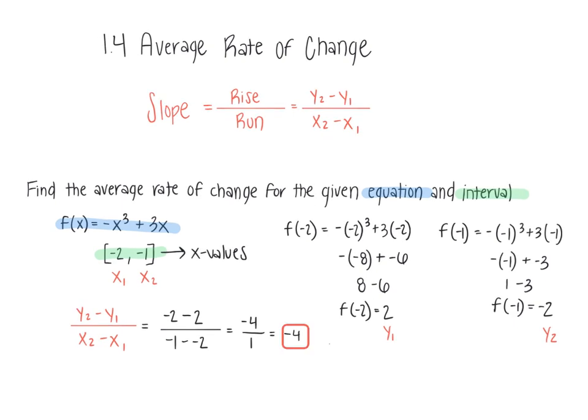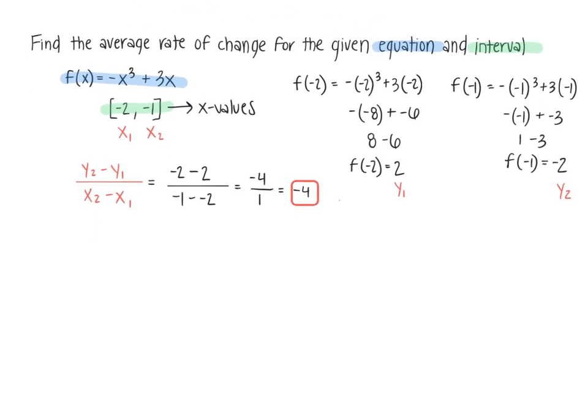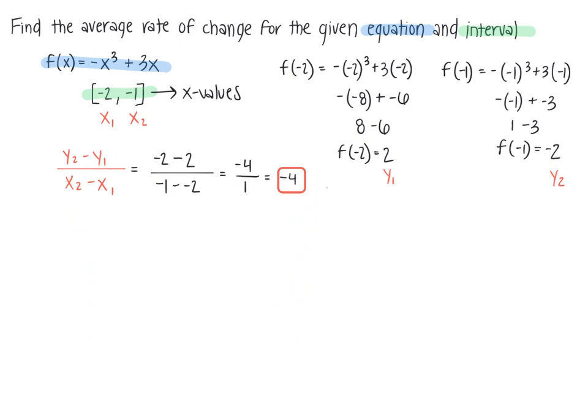Now I'm going to do the exact same process, but I'm going to give us a new interval. Our new interval is from 0 to 1. And again, remember these are our x values.